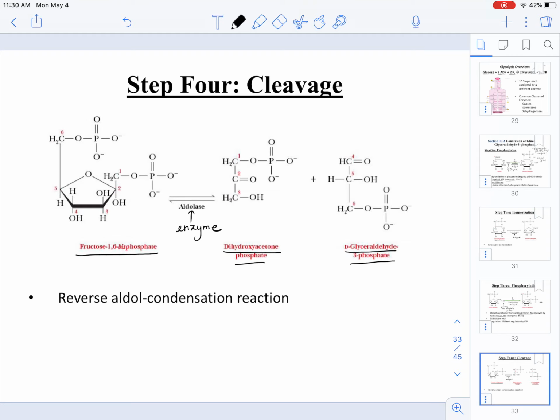But depending on the conditions of the cell, some of these intermediate molecules that are produced in the process, which are called metabolites, will be utilized in other pathways. So far in step 4, we are going to take a 6 carbon sugar, and we're going to be creating 2 3 carbon molecules.